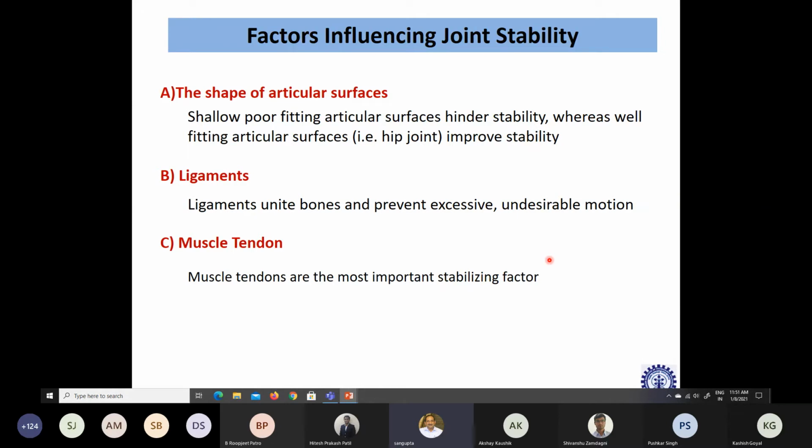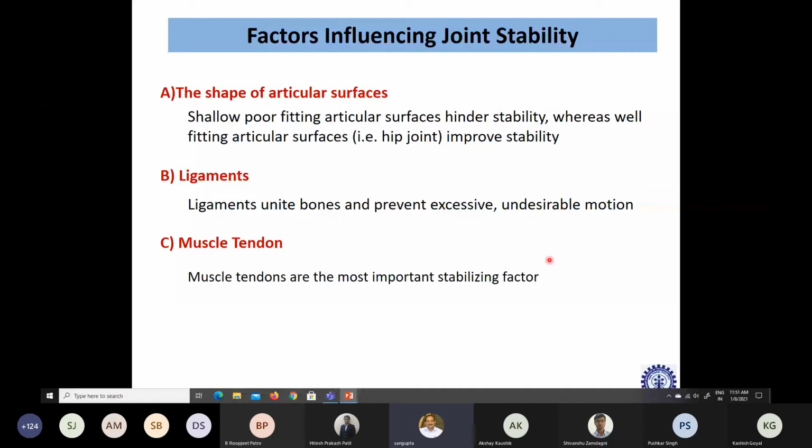Number one is the shape of the articular surface. A shallow articular surface can be a hindrance to stability. For example, in the shoulder joint, if the glenoid cavity is not deep, it is rather shallow, it is quite common in many normal persons that the humeral head actually comes out of the glenoid socket.